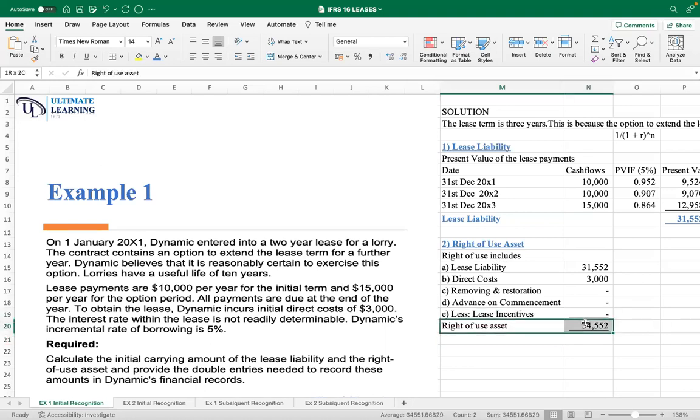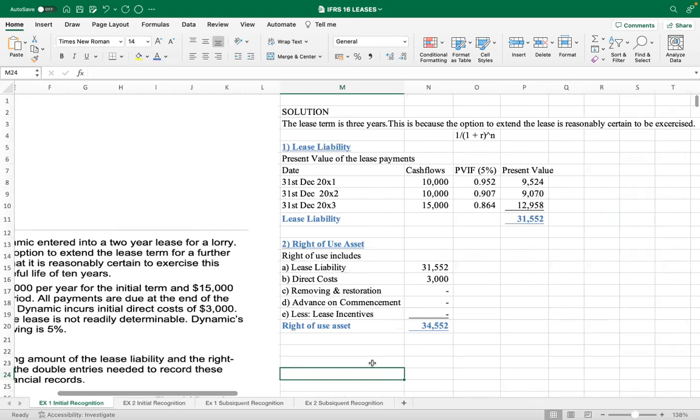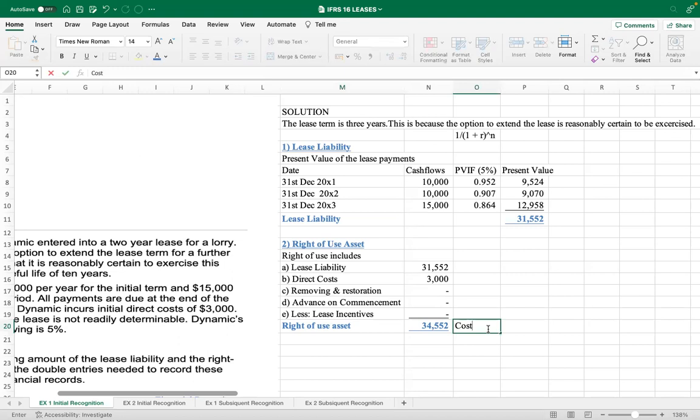This is what you'll be depreciating. So that is how we calculate right of use of asset. Remember, you must know how to calculate the right of use, which is the equivalent of the cost of the asset, and you'll also have to know how to calculate the liability component.